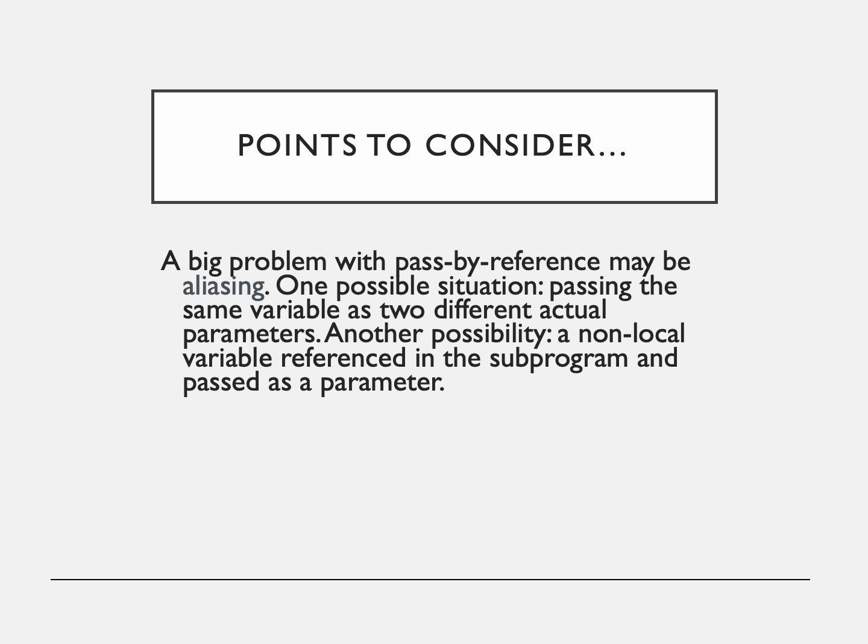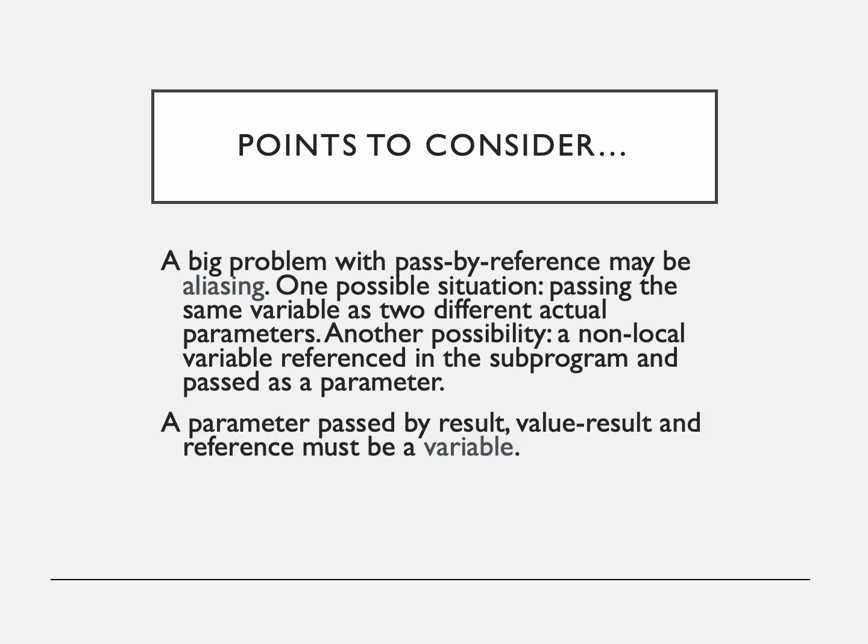This can lead to unexpected behavior, especially if the subprogram modifies the data. For instance, if the same variable is passed as two different parameters to a subprogram, changes to one parameter will affect the other, potentially leading to bugs and hard to track errors.